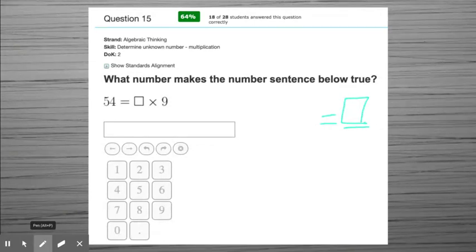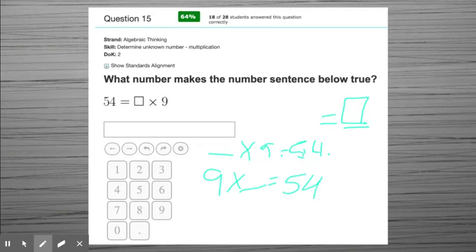So what I like to do is to write out my fact families based on what I have. So I know something times 9 equals 54. And then I can switch my two factors, my two multiplication numbers. So I'm going to do 9 times something equals 54.